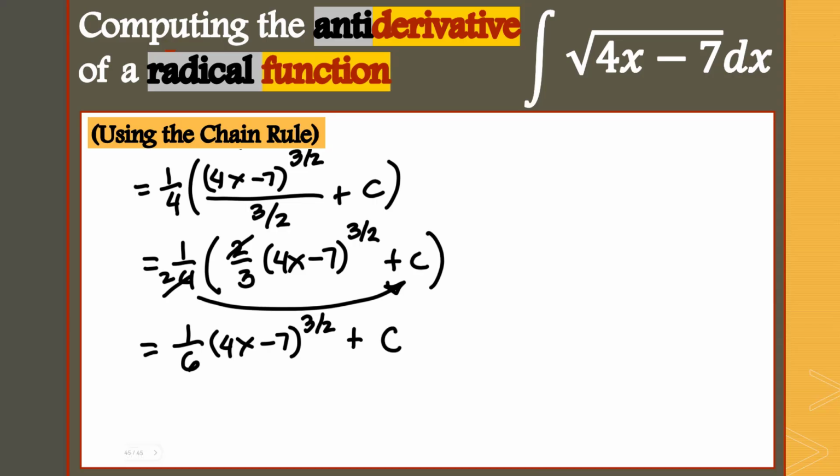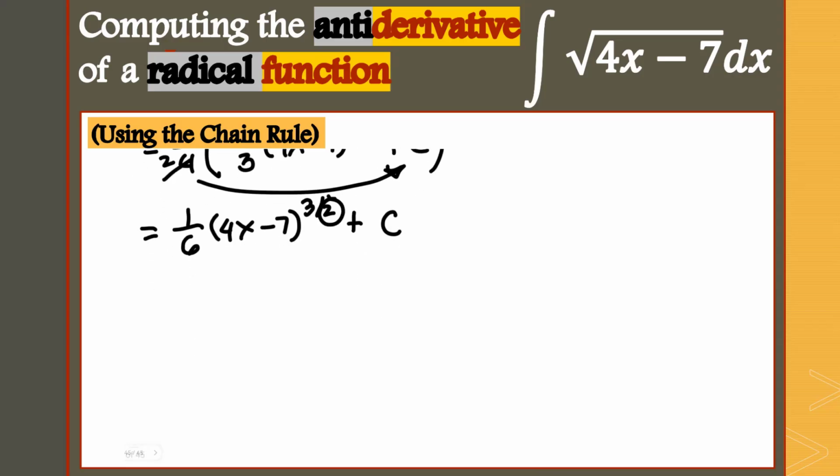Now, this is really good. But of course, if you would like to return this radical expression having the exponent of 3 halves, where 2 becomes the index, you will have here 1/6 times the square root of 4x minus 7 cubed, plus c. And then, this can still be simplified.